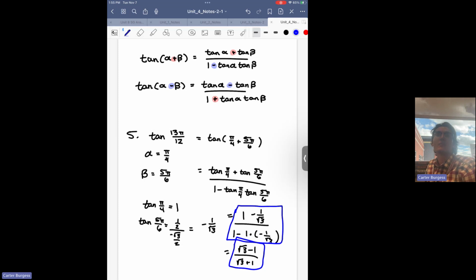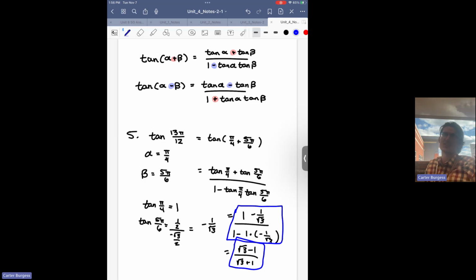If you match the denominators in the numerator and the denominator and change the 1 into a root 3 over root 3 to actually do out the addition, do out the subtraction, and then simplify your giant stack of a fraction that you get, you should end up with root 3 minus 1 over root 3 plus 1. Try simplifying that as a fraction.